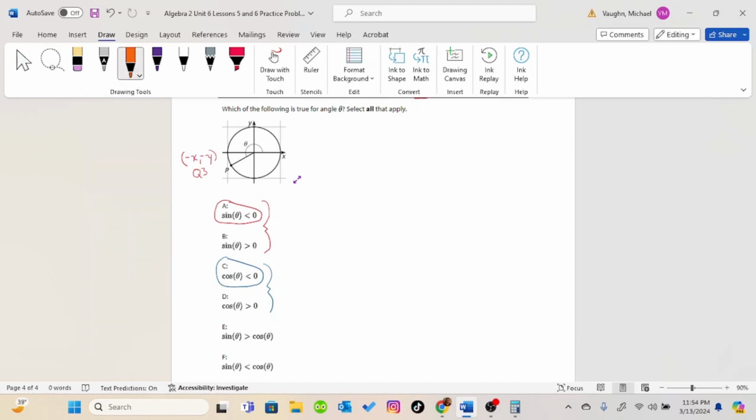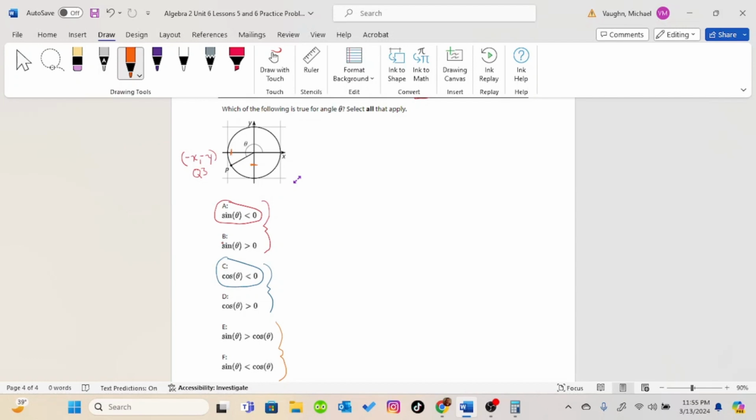And then finally, E and F go together. E says that sine, which is our y value, is greater than cosine, which is our x value. And F says the y is less than the x. So if you look, our x value is this close to -1, but our y value is only this close to -1.